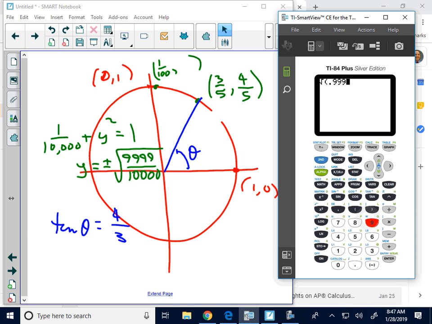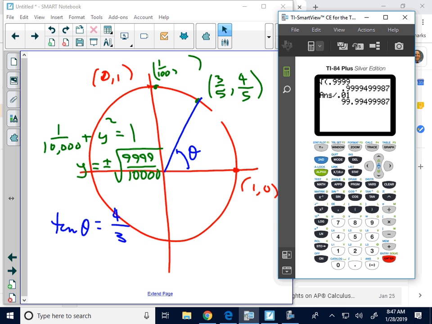So the tangent is going to be that thing divided by this thing. You'd take that and divide it by 1/100th, 0.01, and now the tangent's almost 100. So I can make the tangent go as large as possible.